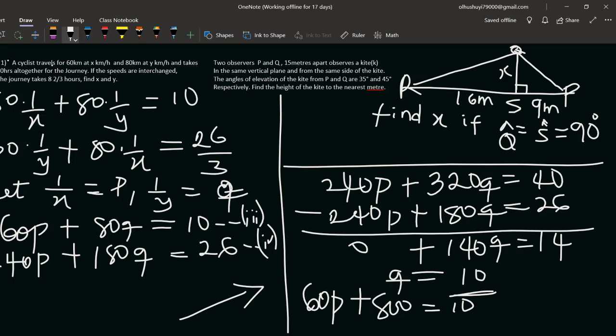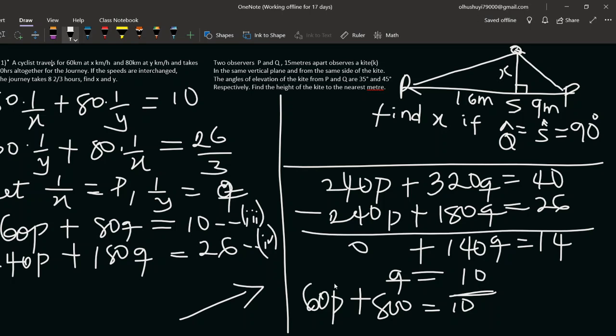Okay, I think this is where the error is from.